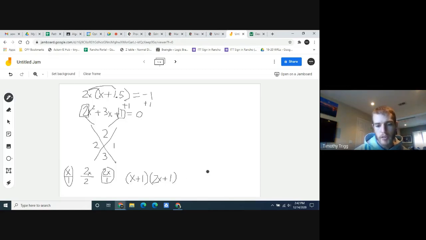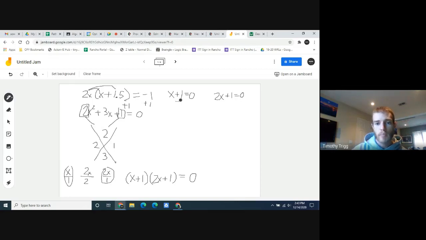So this one's factorable, we solve by factoring. And we still have equals 0. Now what you do is you put each of these equal to 0. So once you have it like this, you put each factor equal to 0. So x plus 1 equals 0, and 2x plus 1 equals 0.